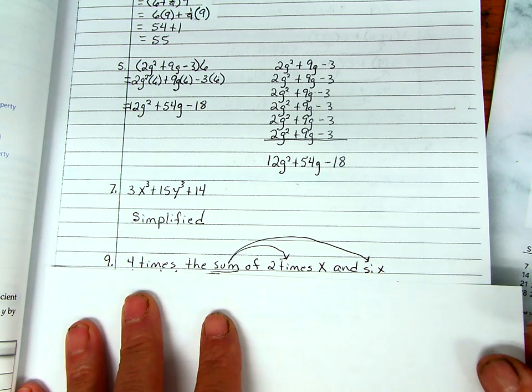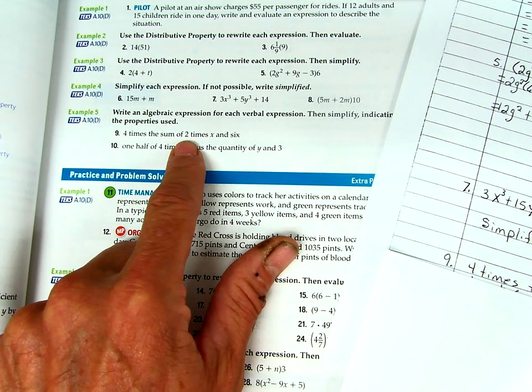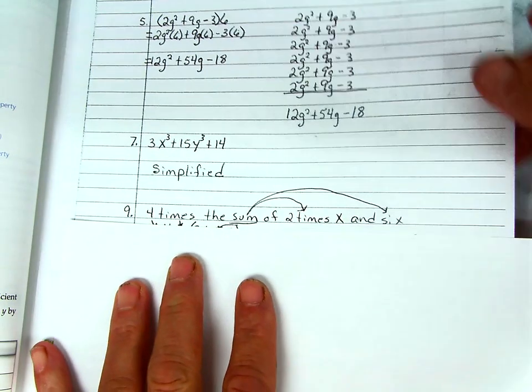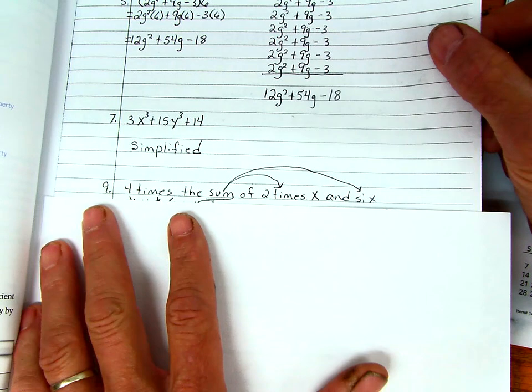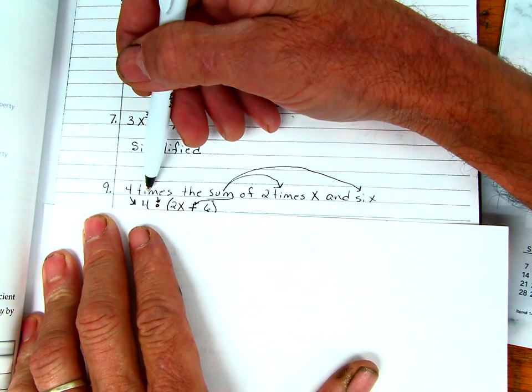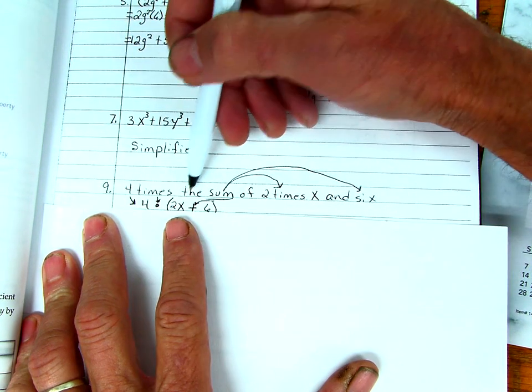Number 9, they give us a word problem. 4 times the sum of 2 times x and 6. So let's analyze this word problem. We need to write it out. It says 4 times. Okay, so 4 times. The sum.